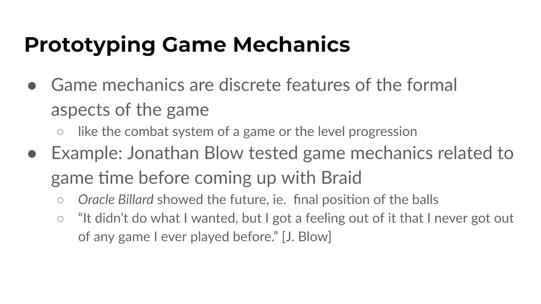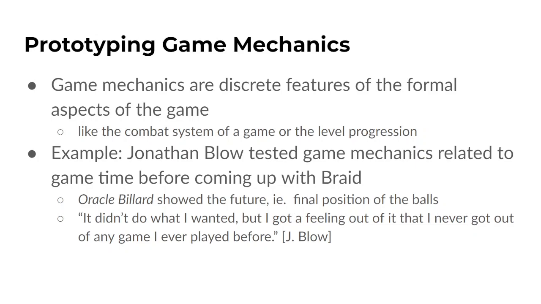You can build a calculator with the sewage, the poo calculator, and it takes something like 20 minutes to determine a simple calculation with it. There was a tweet on the 10 most popular Turing complete games, and in City Skylines the sewage system is Turing complete. Pretty cool. For instance, Jonathan Blow tested game mechanics to change the game time before coming up with Braid. You might have heard about Braid.